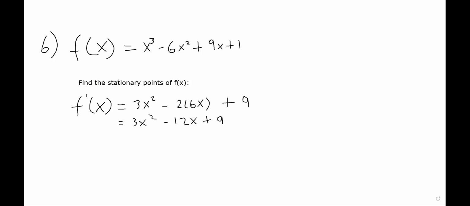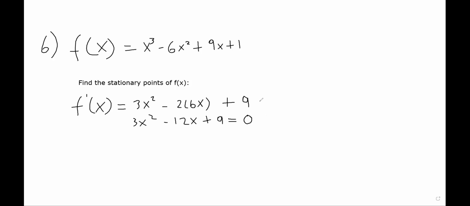In order to find x, we need to equate this to 0.